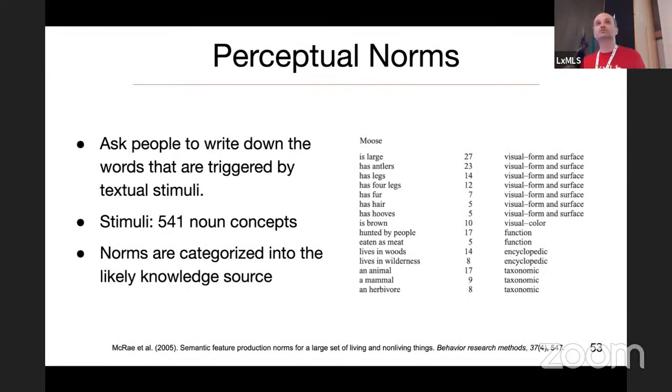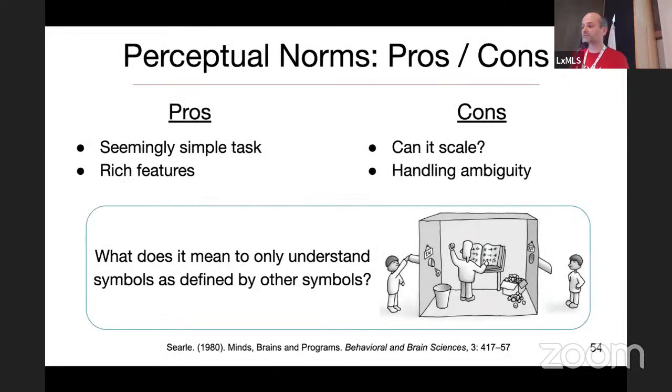There has been some really interesting research on using these types of perceptual norms as inputs that represent visual data instead of using visual data directly. And most of that work happened before the deep learning revolution, where we had convnets that could just represent our data as dense vectors. And so if I had to summarize the pros and cons of using perceptual norms, you can end up having some really rich and interesting features from this.